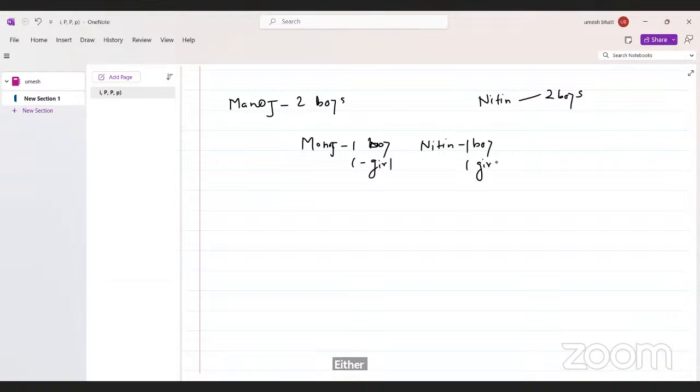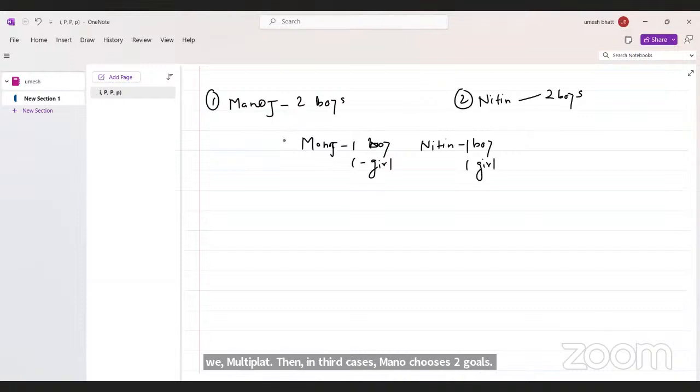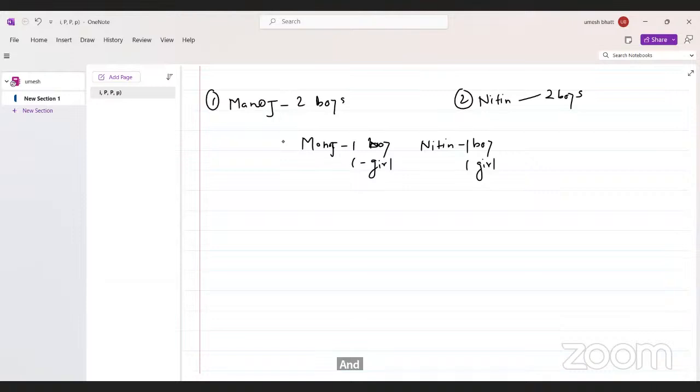There is an AND condition, so we multiply. In the third case, Manoj chooses two girls and Nitin chooses two boys. Again an AND condition, so 3C2 into 3C2, so we get 9 ways. So 1 way, 36 ways and 9 ways. We get 46 ways in total.